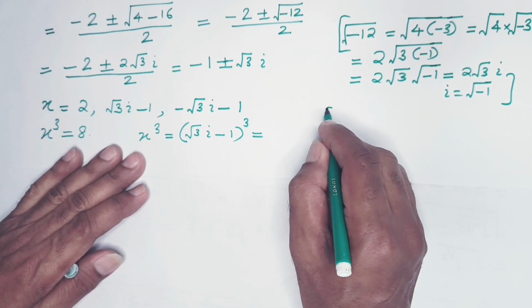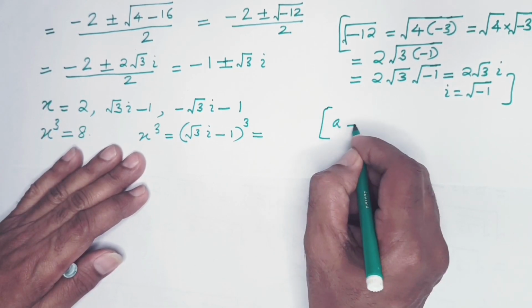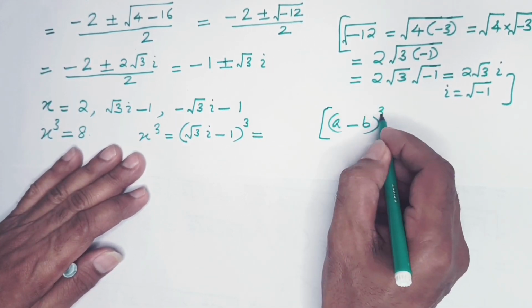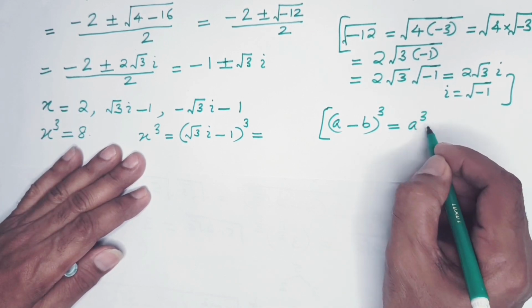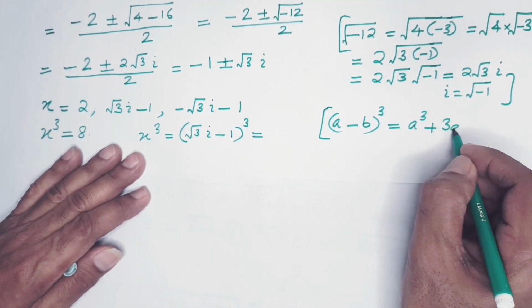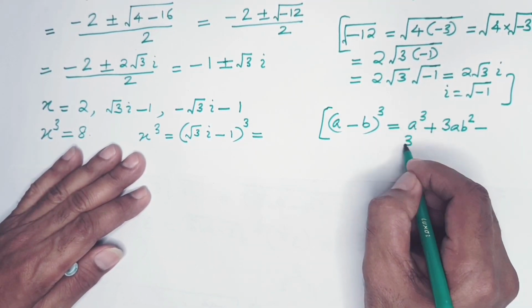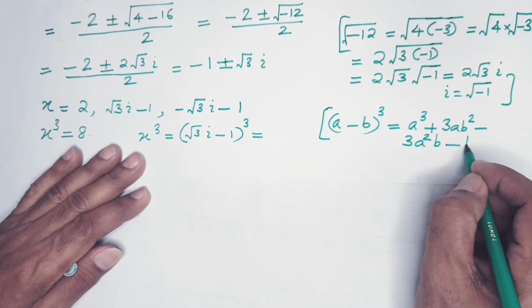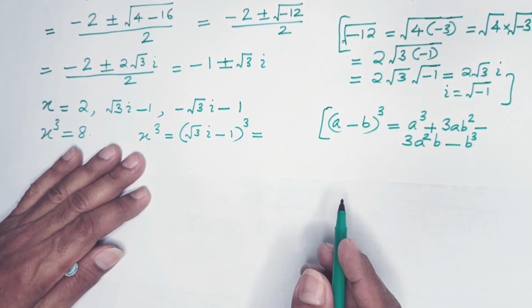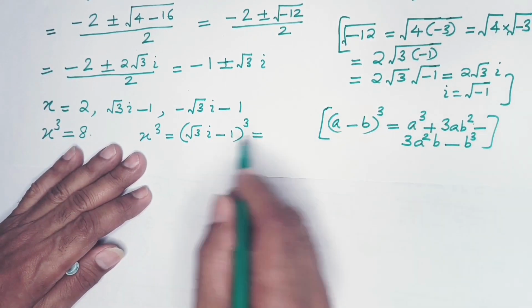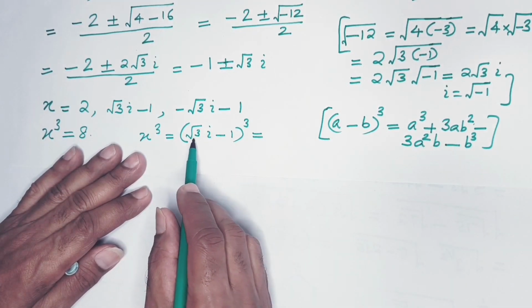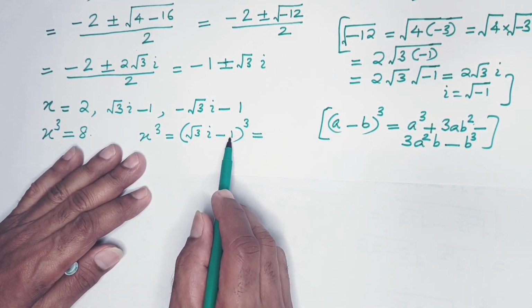Let me use this identity, a minus b the whole cubed. On expansion you get a cubed plus 3ab squared minus 3a squared b minus b cubed. This is the expansion. We will use this identity and expand this. In the given expression, root 3i is a and b is 1.